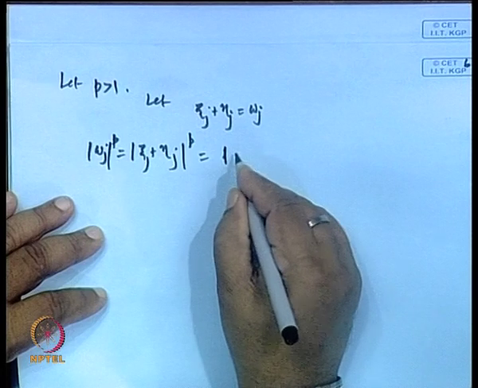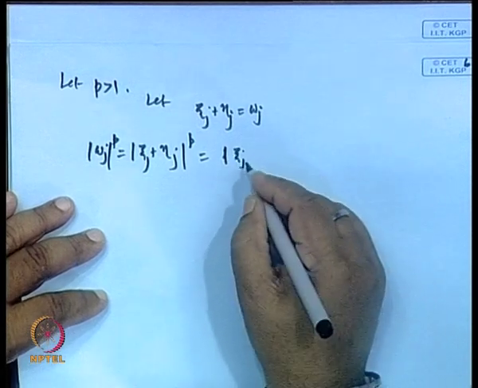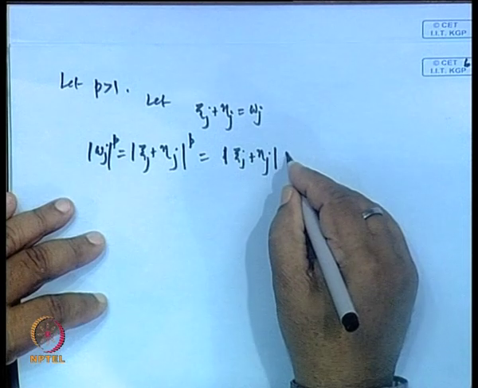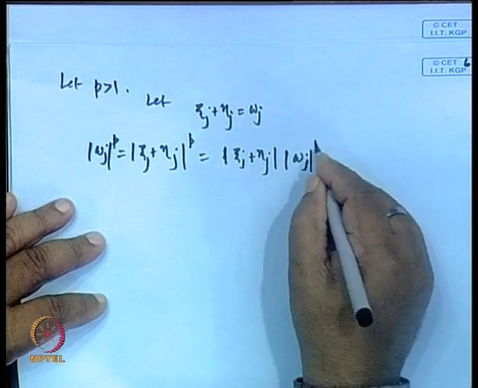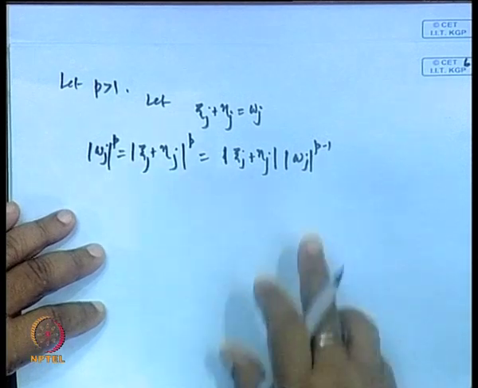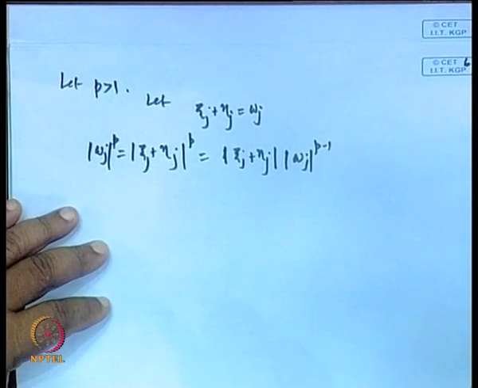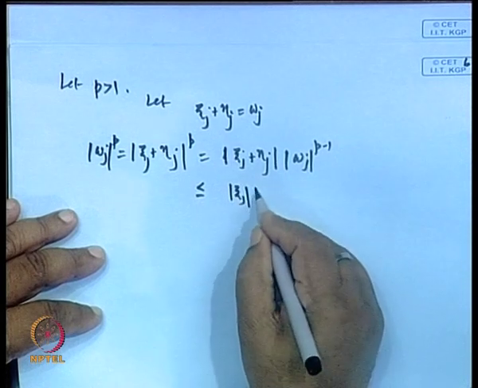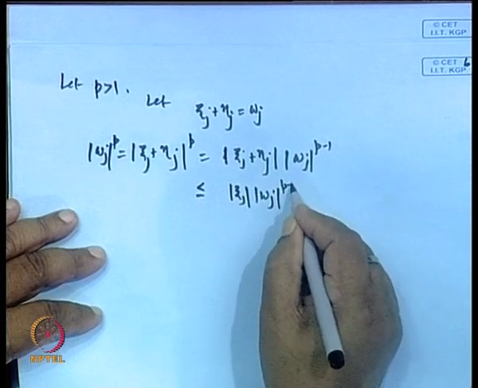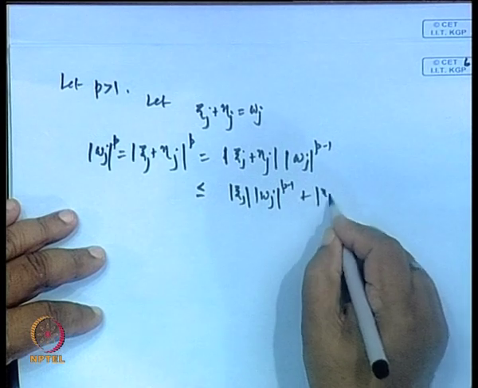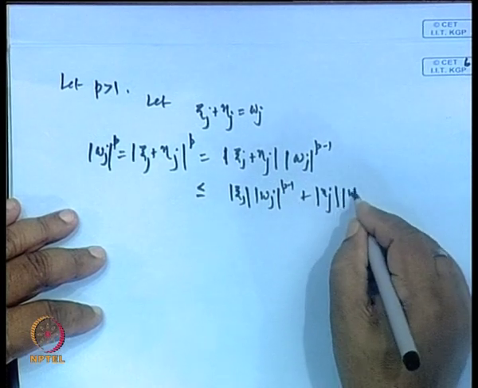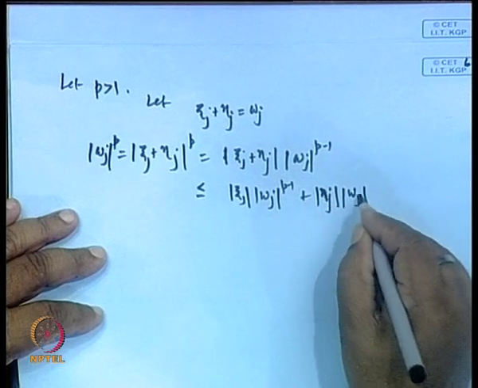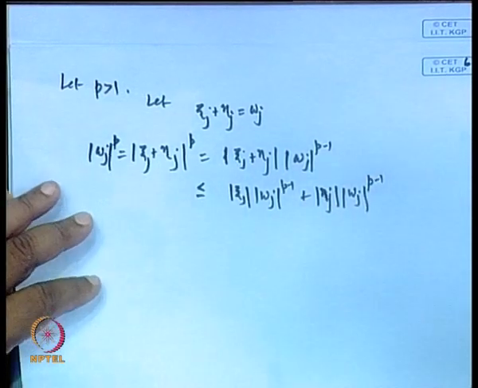And this can be written as |ξ_j + η_j| into |ω_j|^(p-1). Take one of the terms outside. Now, apply the triangle inequality. So, we get |ξ_j| |ω_j|^(p-1) plus |η_j| into |ω_j|^(p-1). Clear?